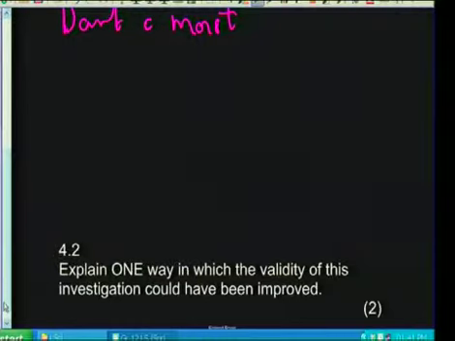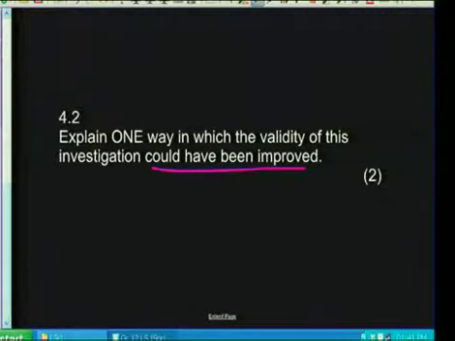Explain one way in which the validity of this investigation could be improved. This simply means, what can you suggest that would improve the results, that would improve how valid these results are? When we look at this experiment, we can see that we tested two variables simultaneously. We tested for light and dark, and we tested for moisture and dry.